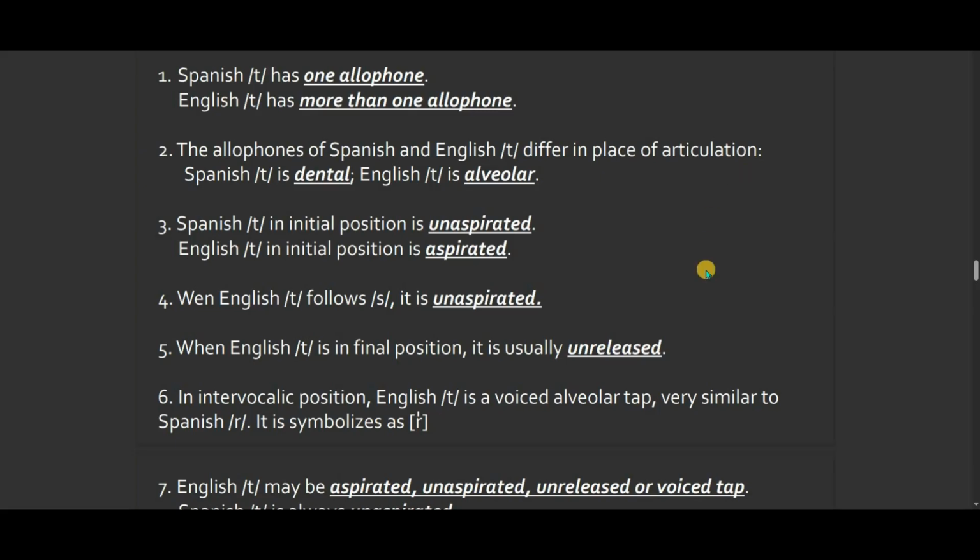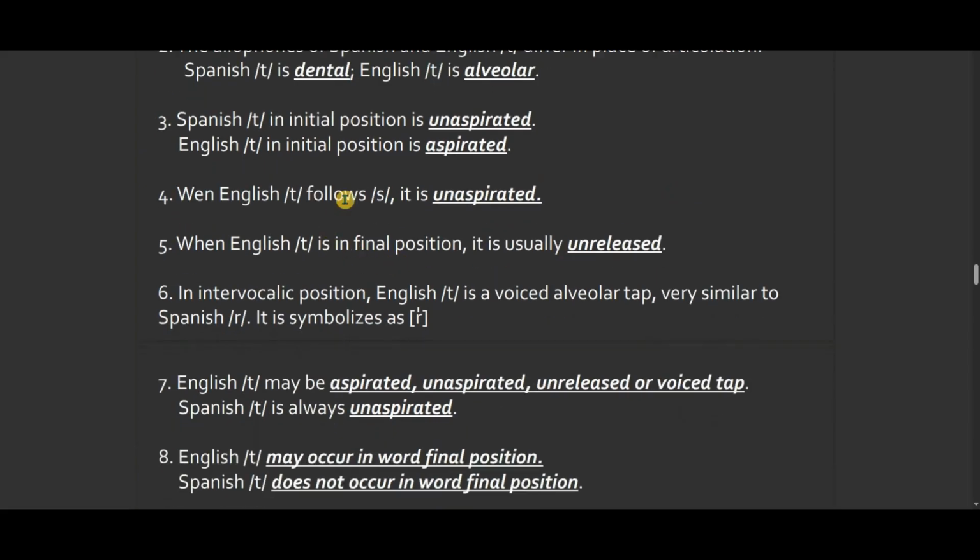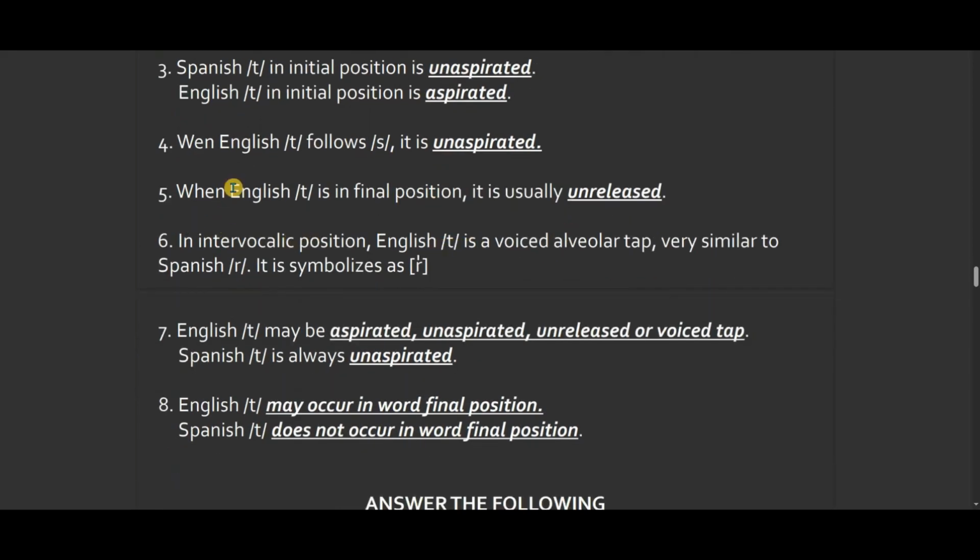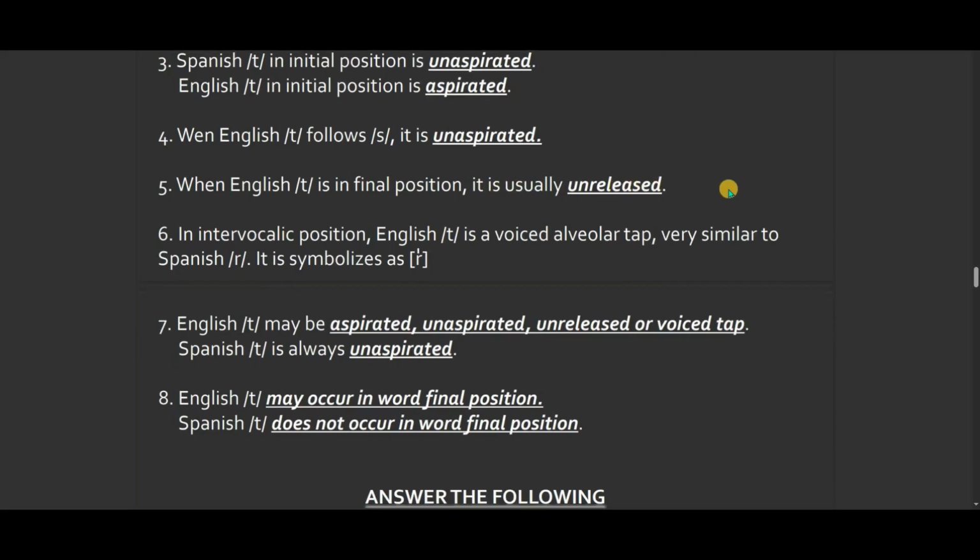Number three, Spanish T in initial position is unaspirated, and English T in initial position is aspirated. Number four, when English T follows S, it is unaspirated. Number five, when English T is in final position, it is usually unreleased.